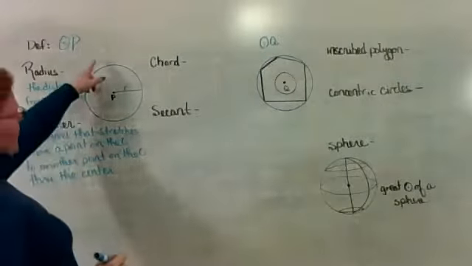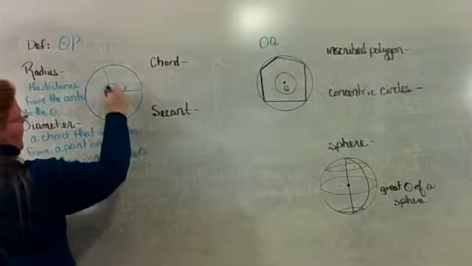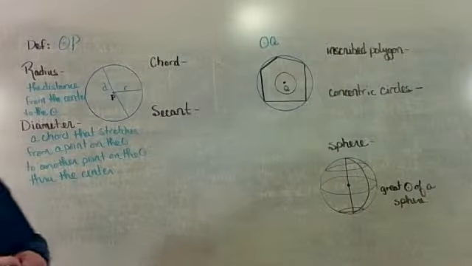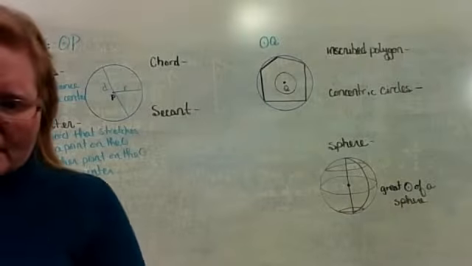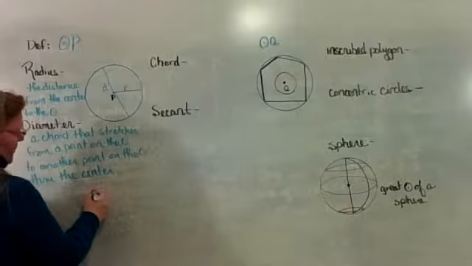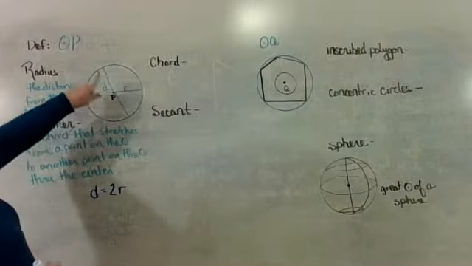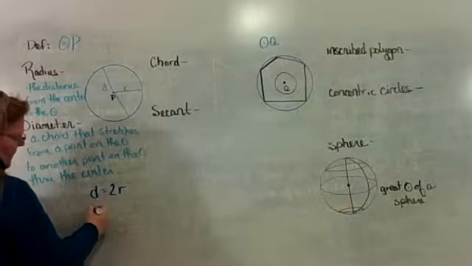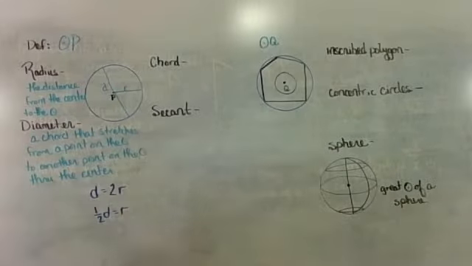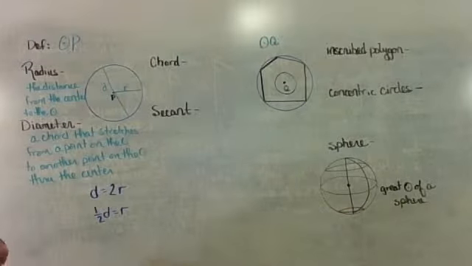In other words, it's a line that has to go through the center of the circle. So that could be my diameter. Now, some facts, not definitions, but facts you really need to know are that the diameter is equal to 2 times whatever the radius is, because it's got 2 radii in it. Or you could say that half the diameter is equal to a radius. Either one, as long as you know diameter is twice as long as the radius is, we should be fine.